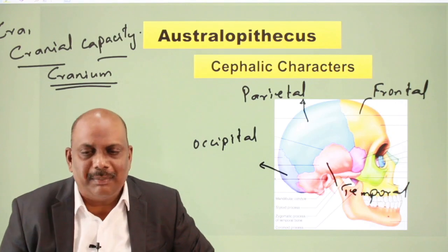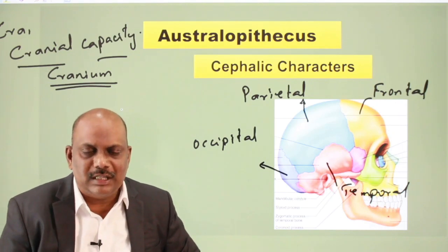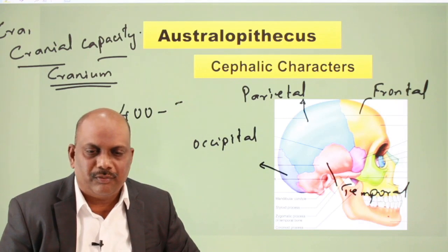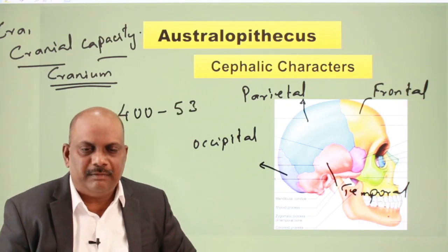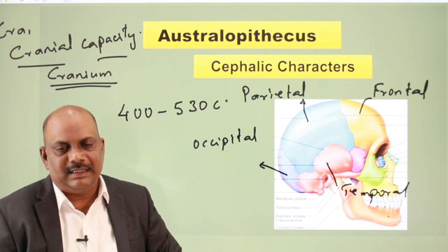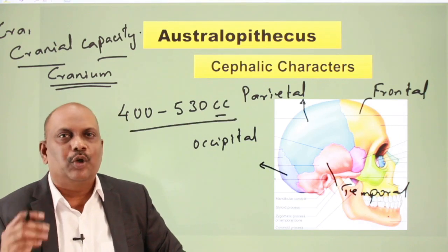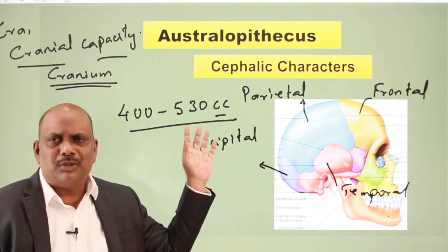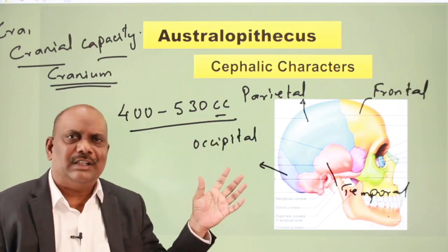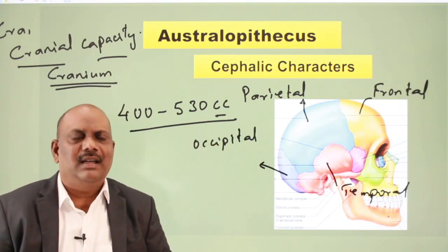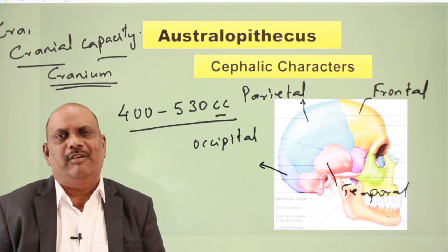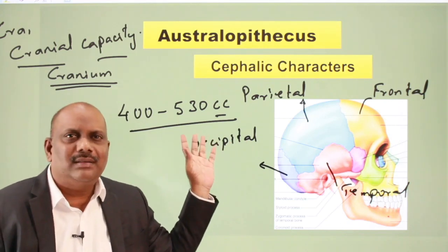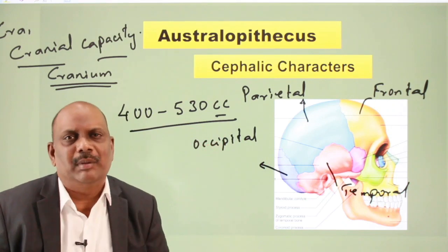The cranial capacity of Australopithecus ranges roughly between 400 to 530 cubic centimeters. So this is just one third the size of the human brain. Our cranial capacity is roughly around 1500 cc.